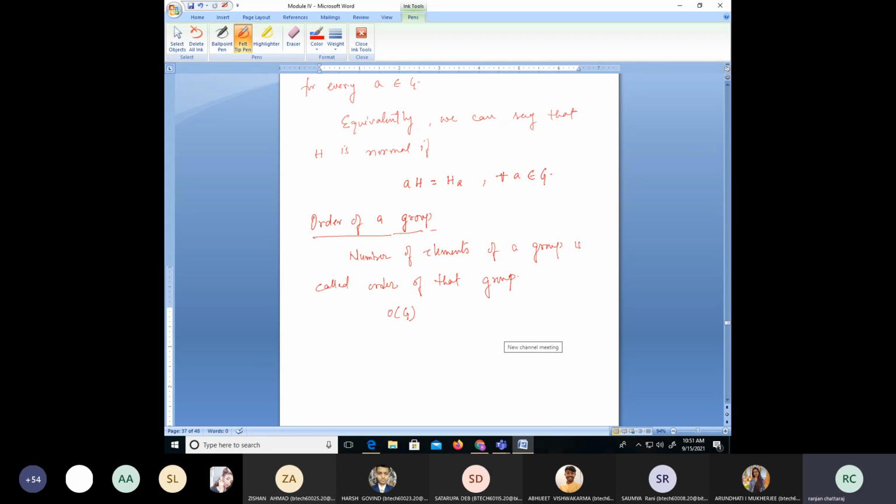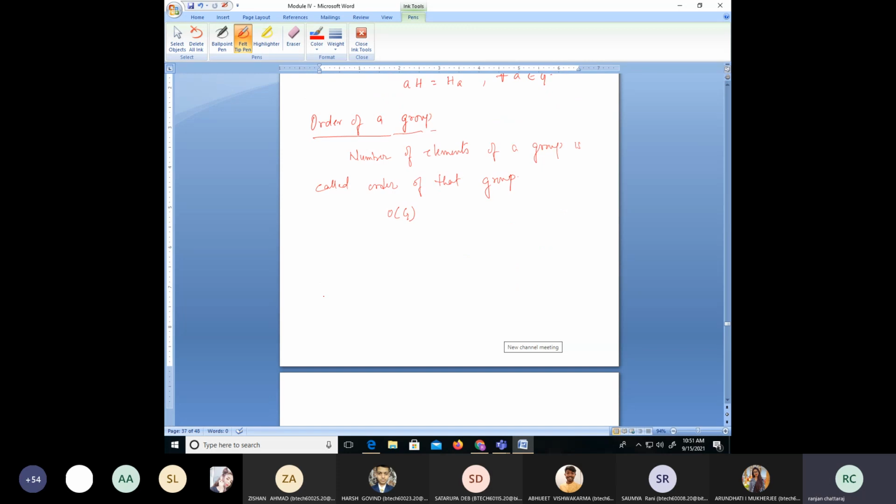But we have a very important theorem, that is called Lagrange's theorem. What is Lagrange's theorem? The order of each subgroup of a finite group. Mark it, of a finite group.